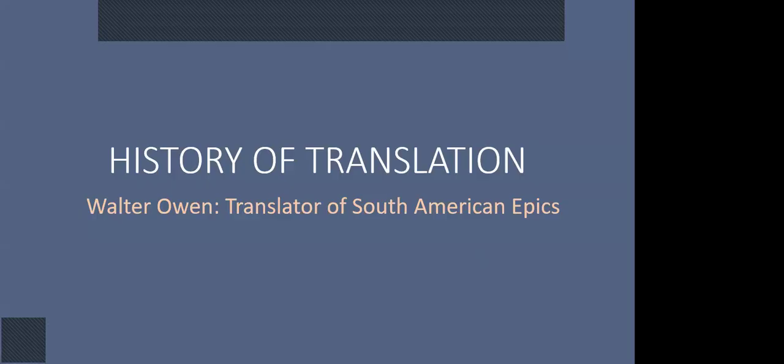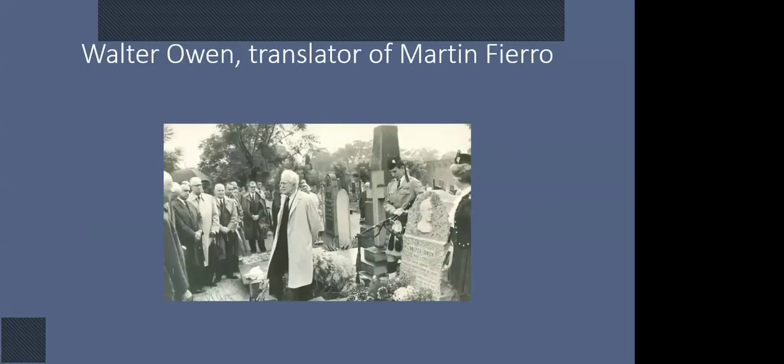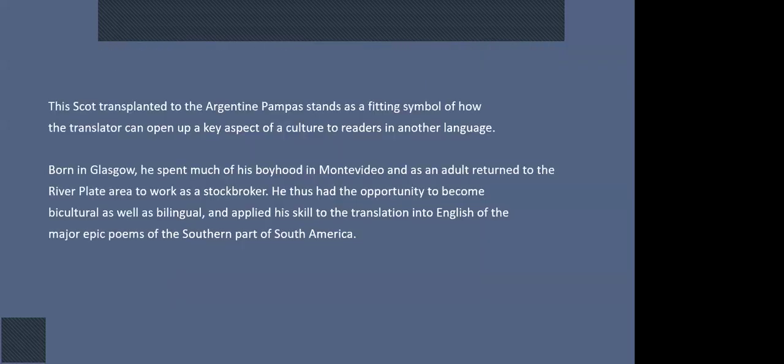Okay, I'm moving on into this because literary translation is challenging, and there are some translators who have translated some novels into English. Martin Fierro is one of those, and Walter Owen has an interesting history.